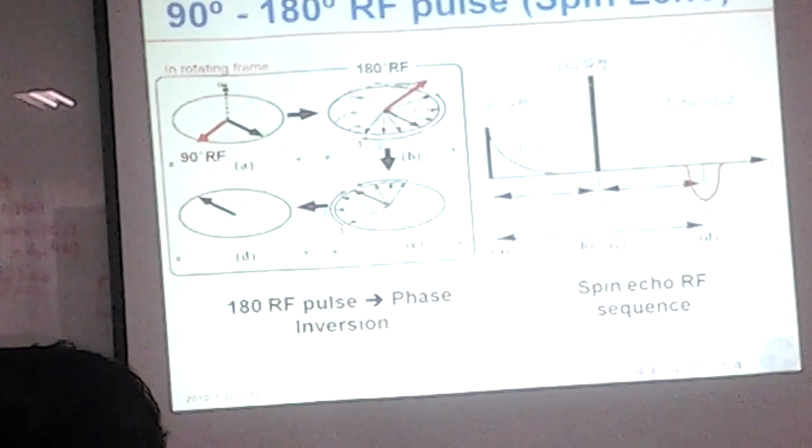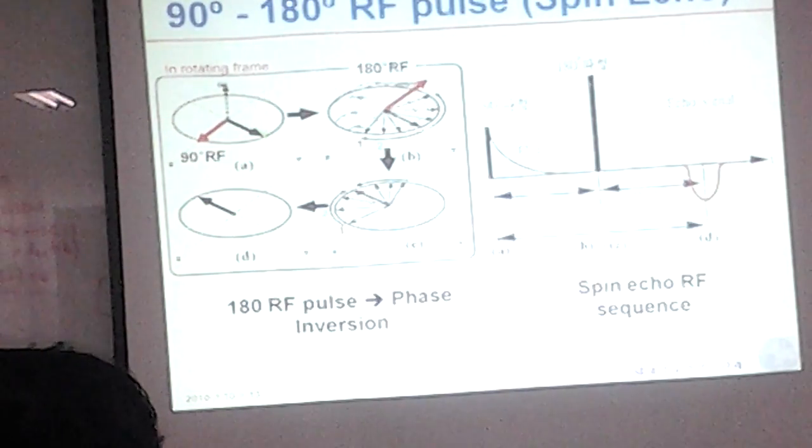And before and after the RF pulse, the field inhomogeneity and the spin-spin interactions are the same. So the rotation direction is the same as before the RF pulse. So each individual spin continues to rotate like this.